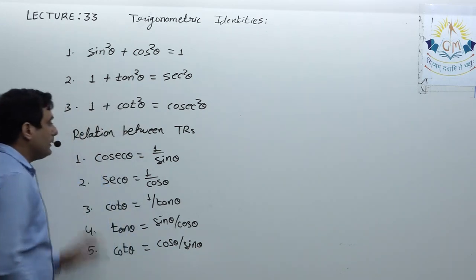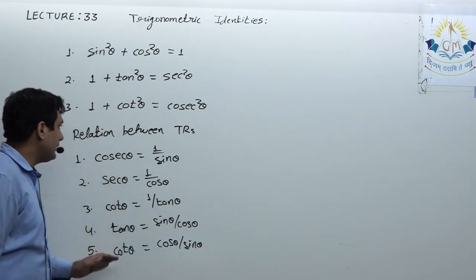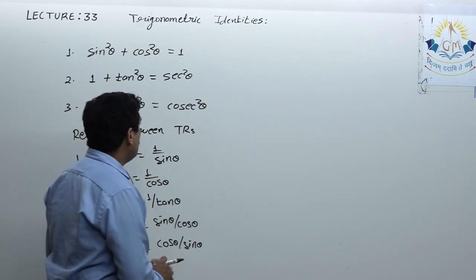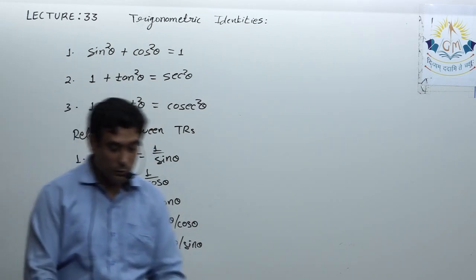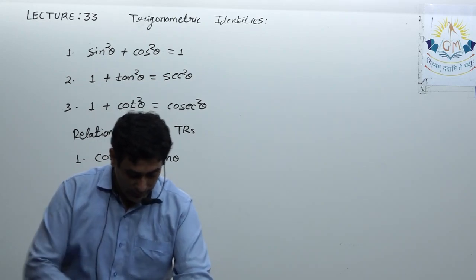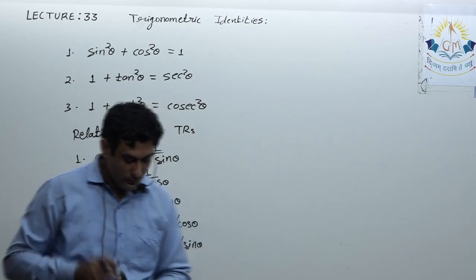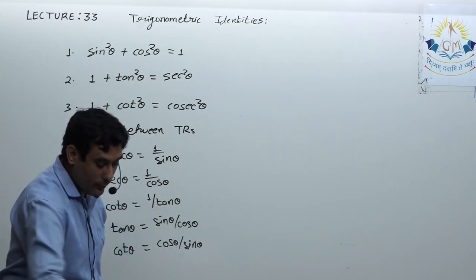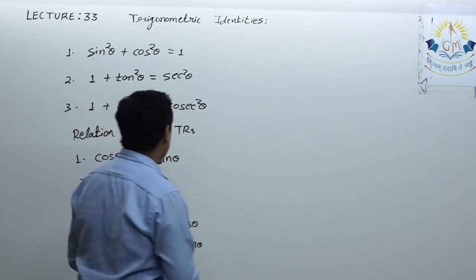You have to remember these trigonometric relations as well as these trigonometric identities very well. Only then is it possible to solve the questions of the next exercise, exercise number 4, actually from question number 25 onwards according to the book.